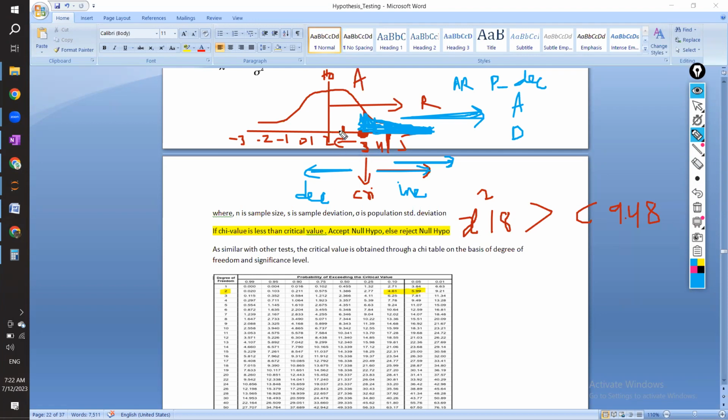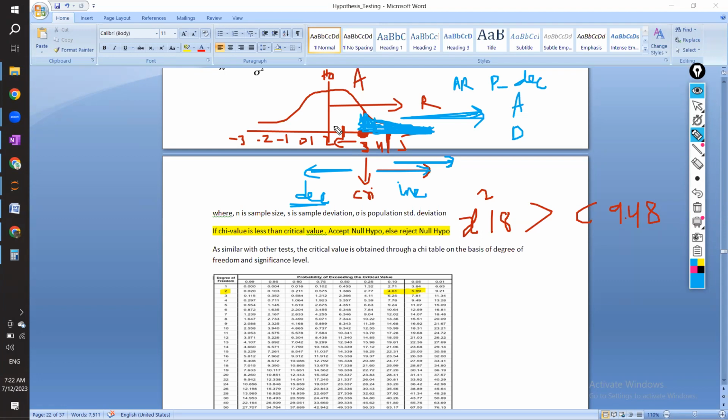As I move towards the null hypothesis, my value is decreasing, which is different from the p-value. But there is a small catch here. Whether it is p-value or test statistic, if you are moving towards the null hypothesis, accept. If you are moving away from the null hypothesis, reject.